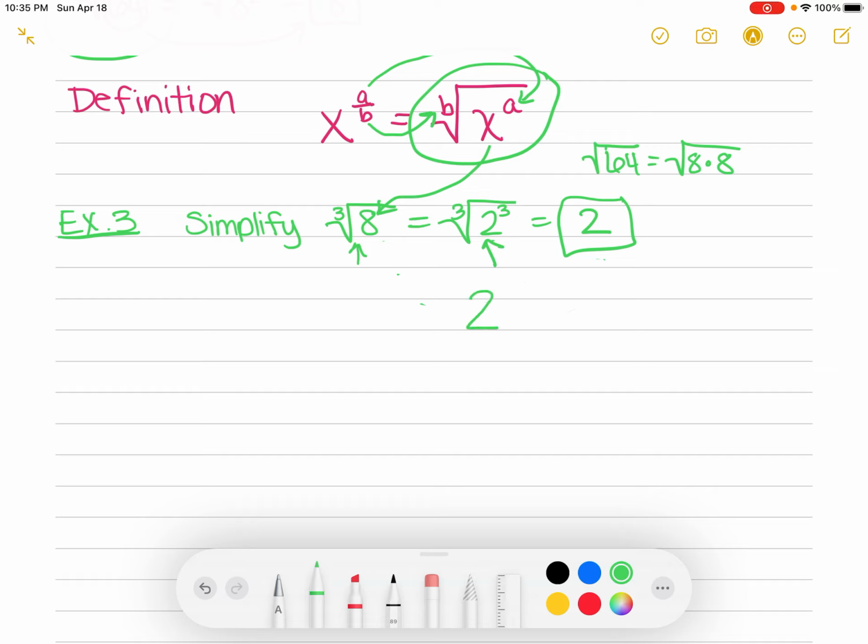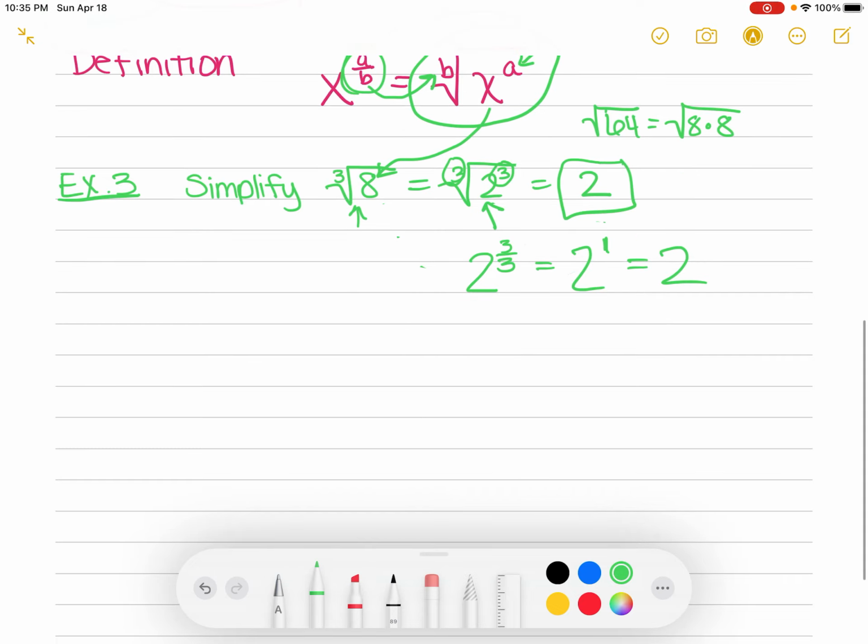So I would have 2 to the 3 over 3. So see, I'm using this exponent and this one, just like I did up here. Okay, if that makes sense. So that means that's 2 to the 1st power, which is also 2. Okay, so you could do example 3 without knowing all of that, but we're going to get to some problems where it's a little bit harder to be able to do them without knowing how to do that.